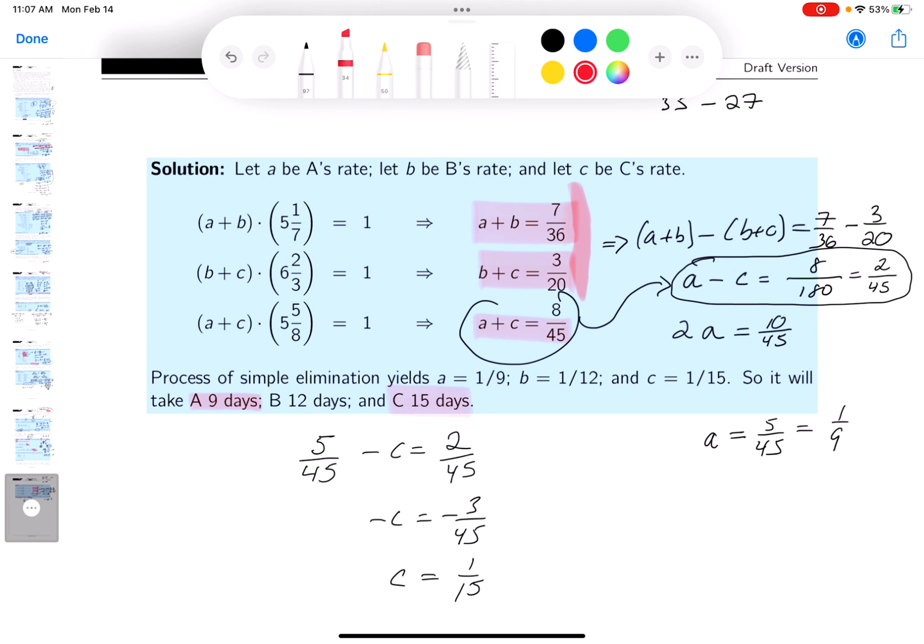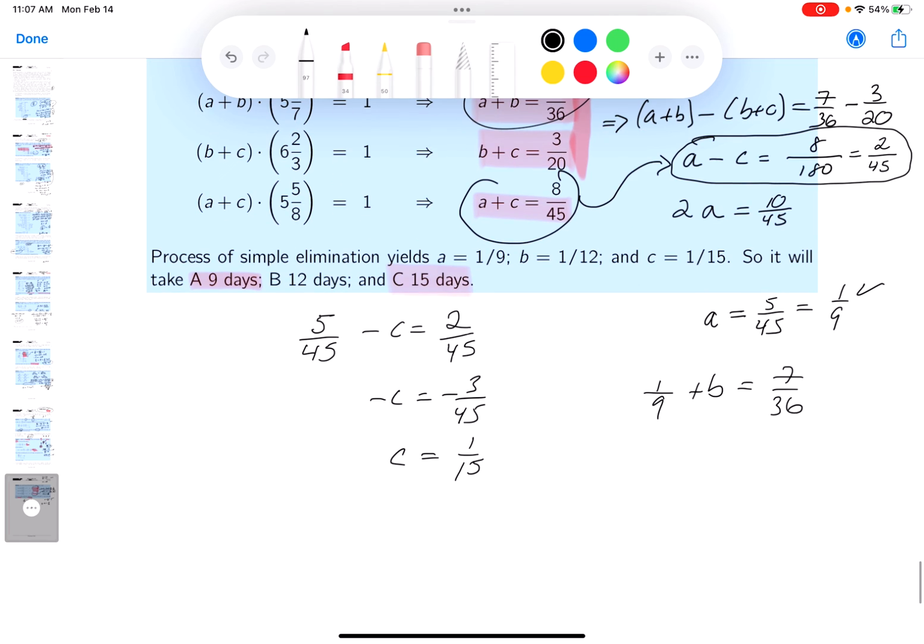That's right there. Now let's see if we can walk backwards to B, all right? A little more complicated, but I think I can do it. And what's A? Well, A turned out to be 1/9. It's right over here. So I'm going to write that down. 1/9 plus B, I'm using this equation here, by the way, equals 7 over 36.